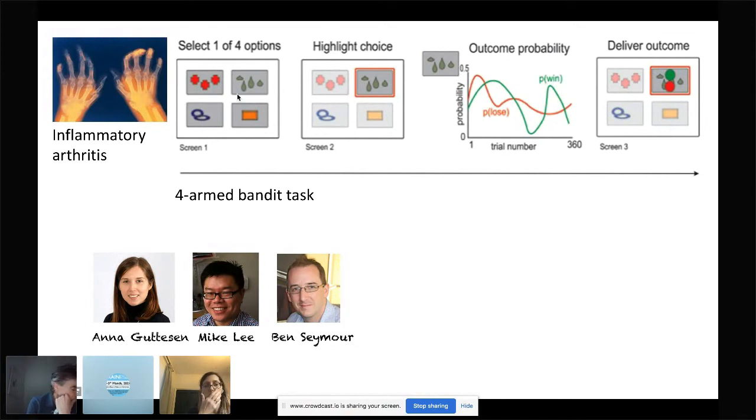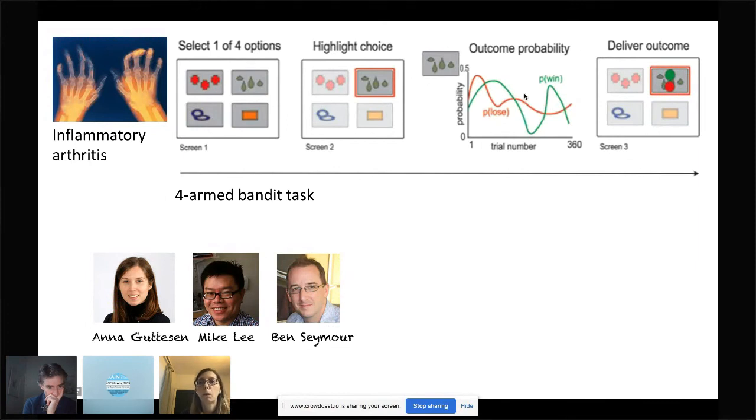In this task, we give 4 options to participants. Participants need to choose one of the 4, and this can lead to either a reward, a green token, or a punishment, a red token. These are associated with actual monetary wins and losses, or nothing.